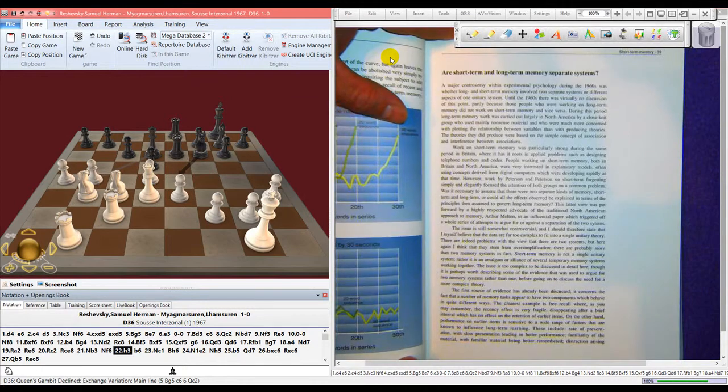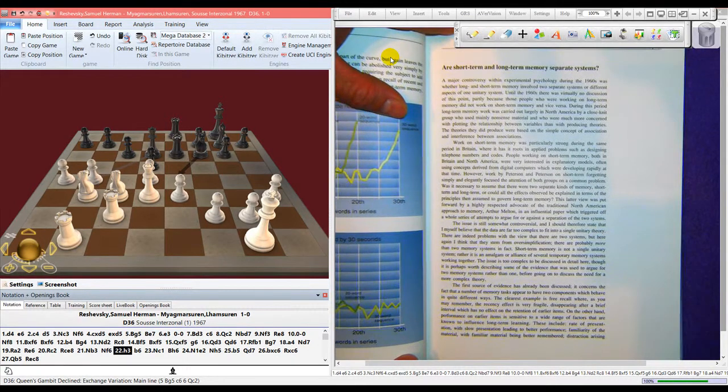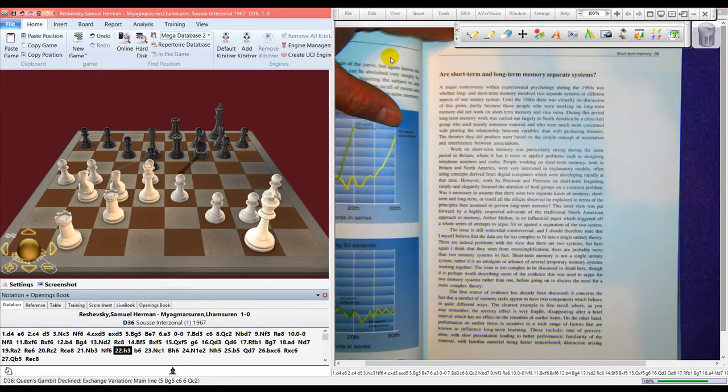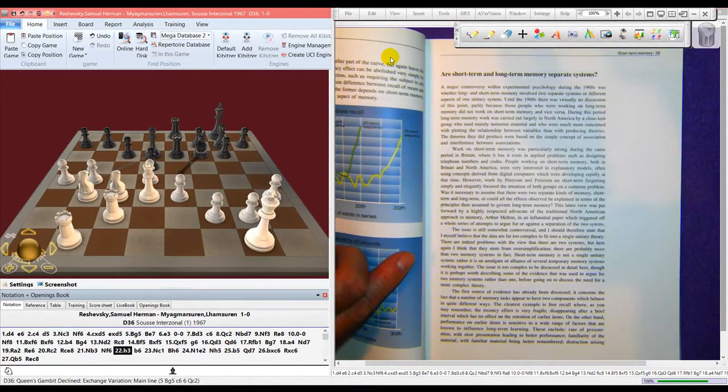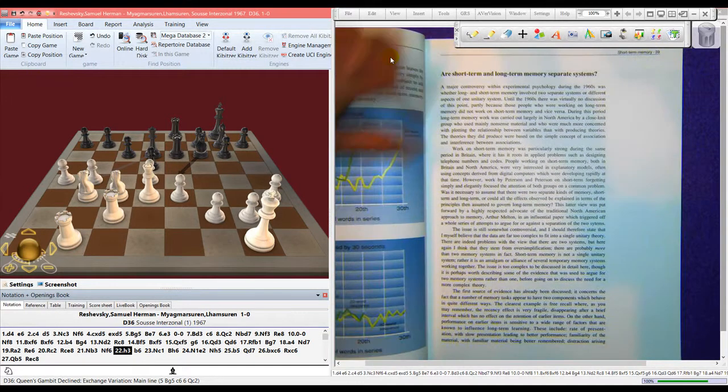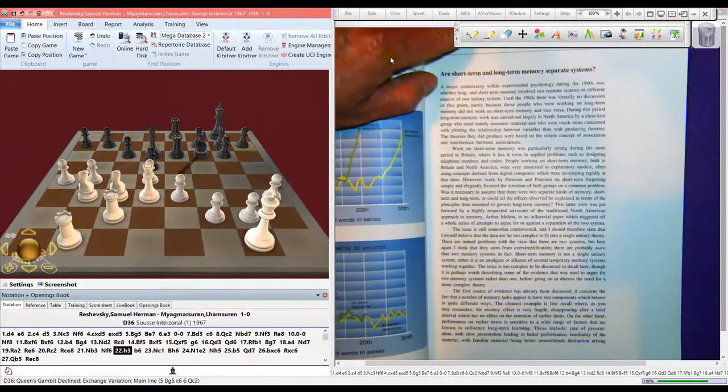And this page that I'm showing you now is about whether short-term and long-term memory are separate systems. Go ahead and take time to pause the video and read that.